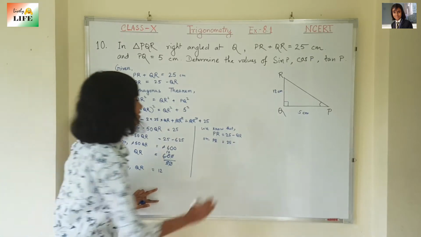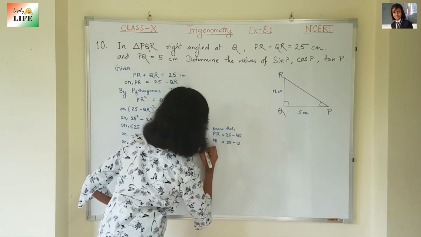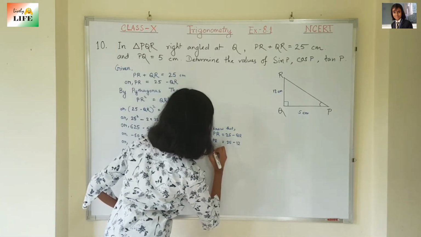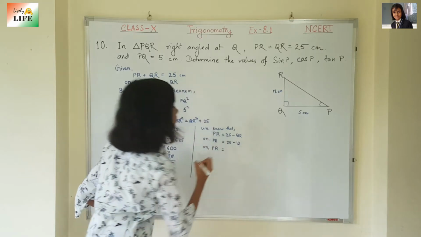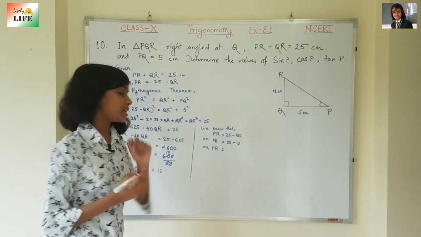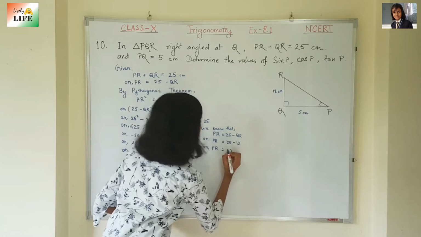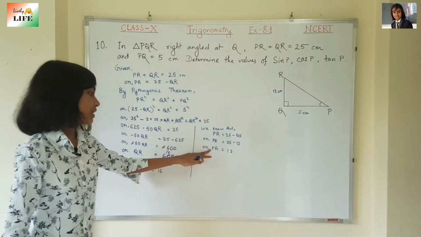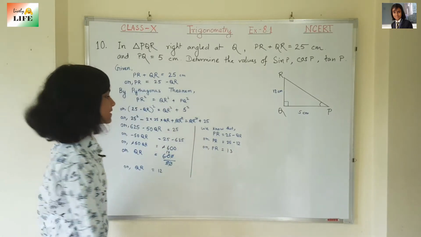QR is 12. What is 25 minus 12? 5 minus 2 is 3. 2 minus 1 is 1. So what is PR? PR is equal to 13 centimeter.